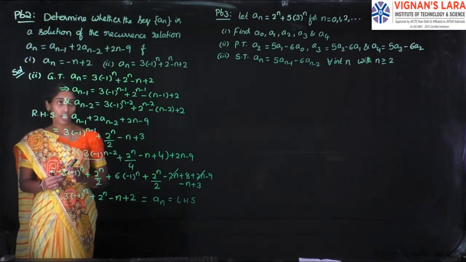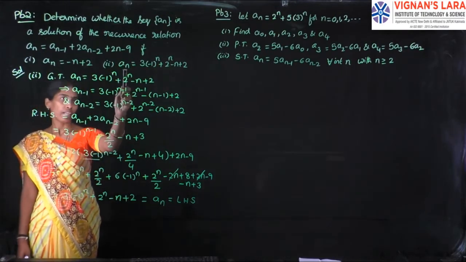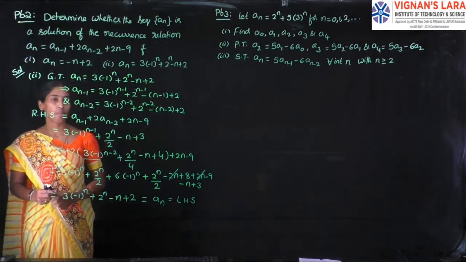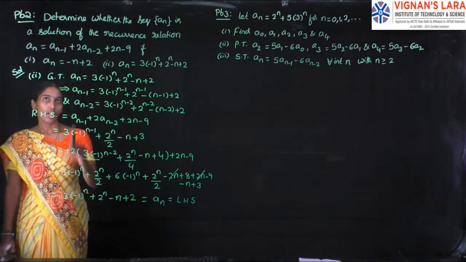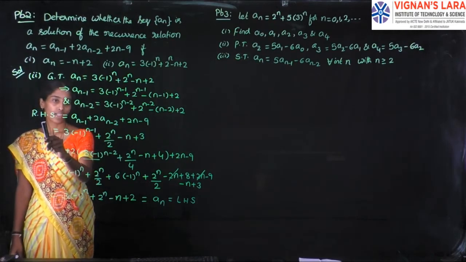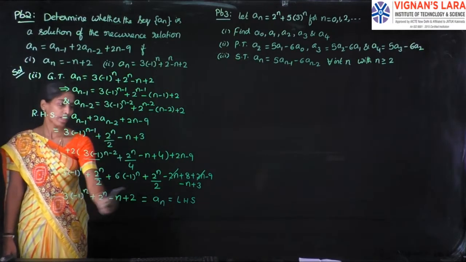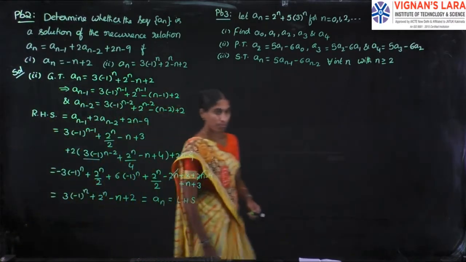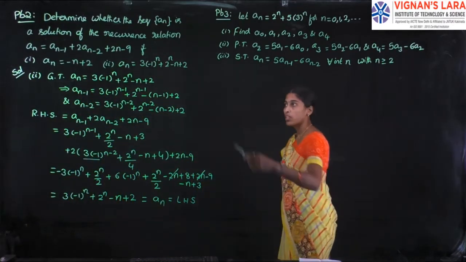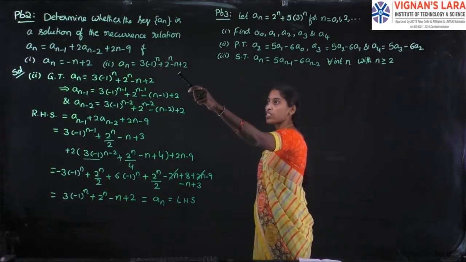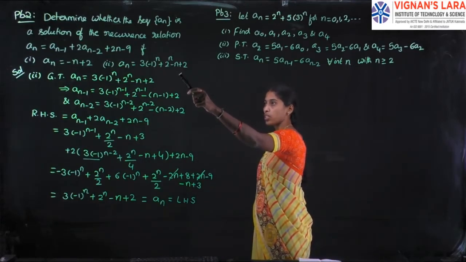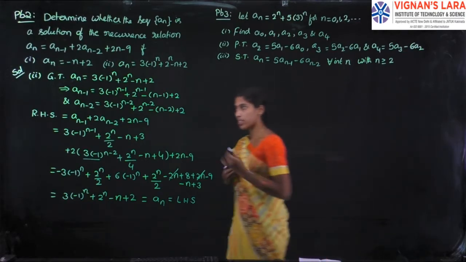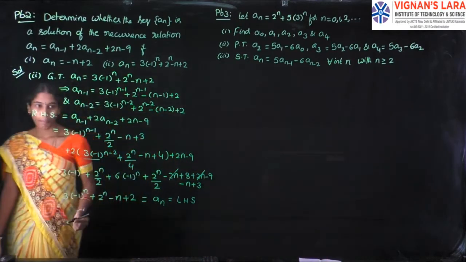Now we use this second part by taking an = 3(-1)^n + 2^n - n + 2, right? We are considering the RHS of the recurrence relation. After simplifying it, we get the LHS of the recurrence relation. Therefore, because the given recurrence relation satisfies this second solution, we can say that an is the solution of the recurrence relation.